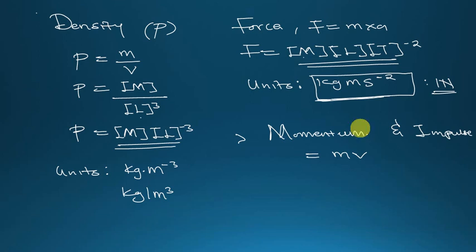So for mass, the dimension is capital letter M, and the velocity is given by L T to the power negative 1. You already know this. So these are the dimensions for momentum and impulse.